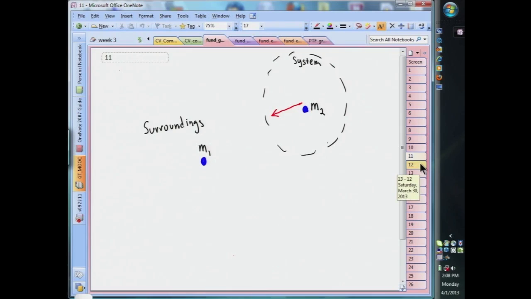That force is directed along the line between our system and the object in the surroundings. We'll give that force a symbol, F subscript g on 2 by 1, which is shorthand for the gravitational force on our system of mass m2 due to the object m1 in the surroundings.